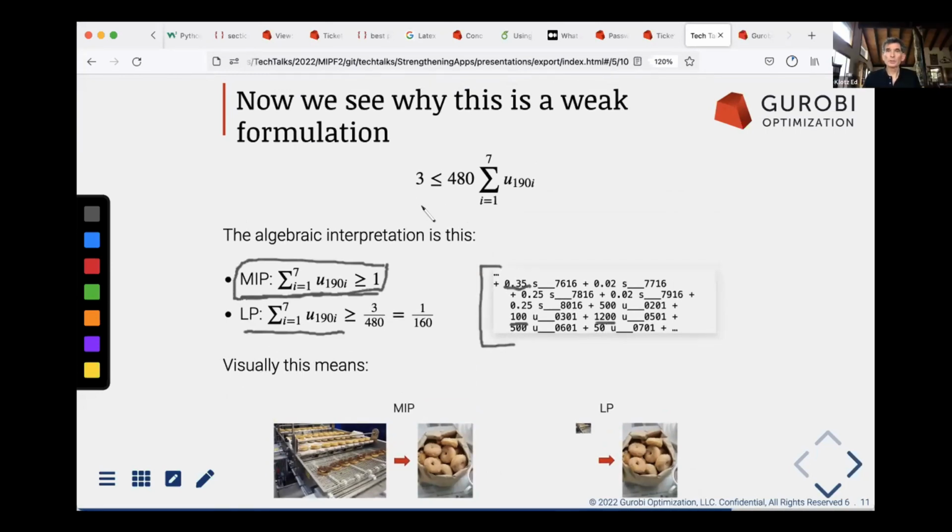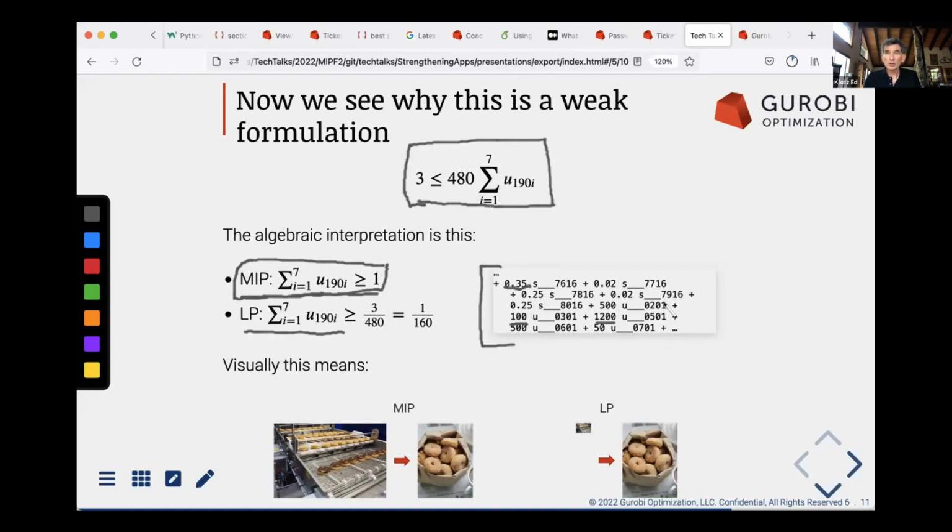Right. So the point is that if you have this sum of these 7 U variables times 480 is greater than 3. When you relax integrality, all that means is this sum is now greater than or equal to 3 over 480.